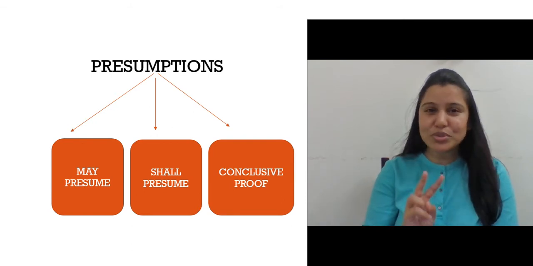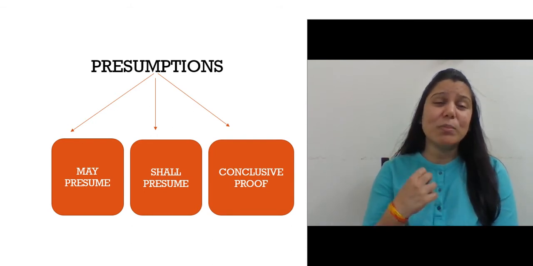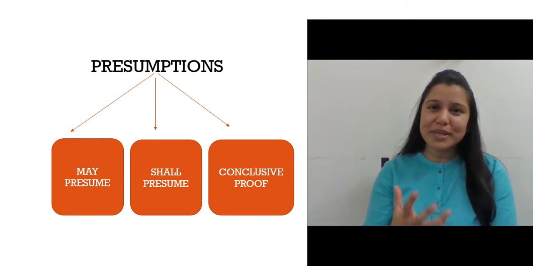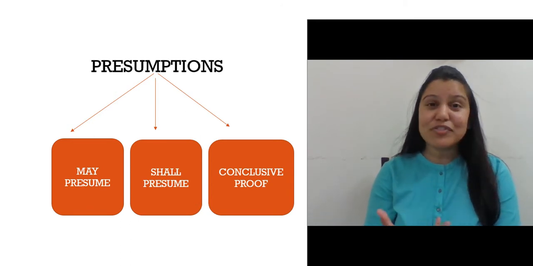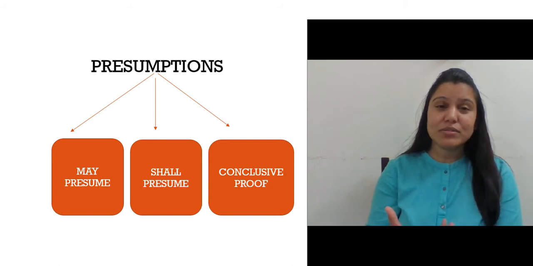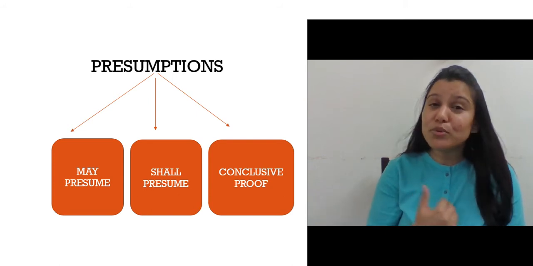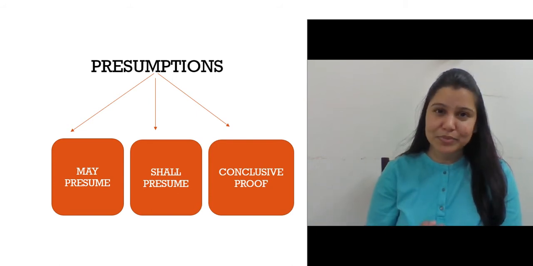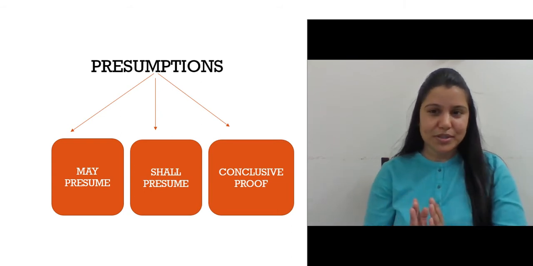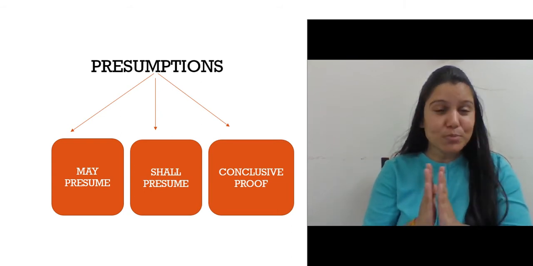So it is not of a very obligatory nature. The court may either regard such fact as proved or call for the proof of it from the other party. So the court has both the options, right?